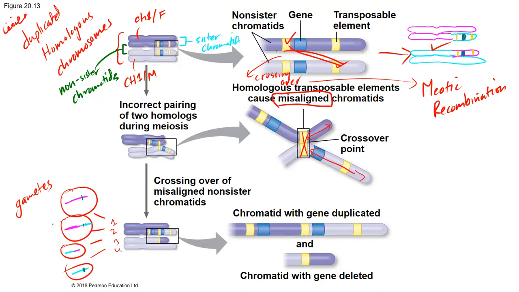So, for example, if this one is used for fertilization by a sperm, imagine if these are eggs, and this one is fertilized by a sperm, and this sperm is carrying the same chromosome. Let me give it a different color just to indicate it's a similar chromosome.